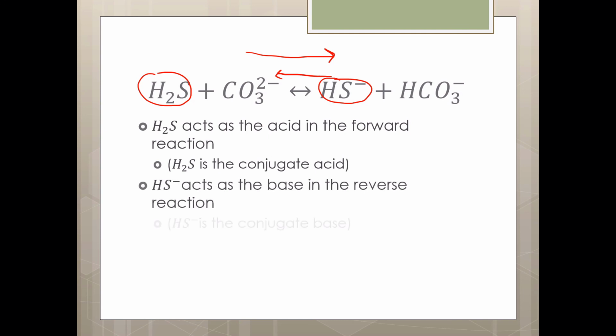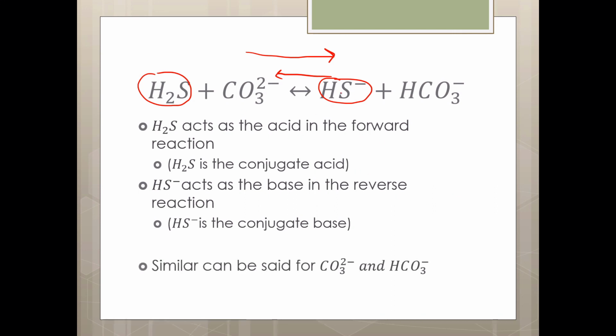Now, in the reverse reaction, the opposite is true. In the reverse reaction, the HS minus ends up acting as the base. So in the forward reaction, the H2S is the acid. In the reverse reaction, the HS minus acts as a base because it is going to be receiving from the HCO3 going backwards.